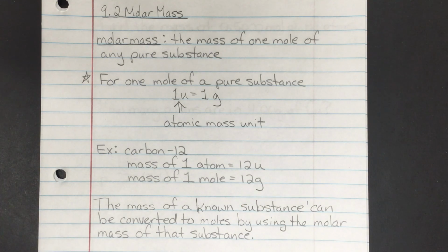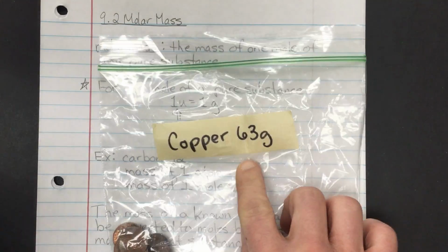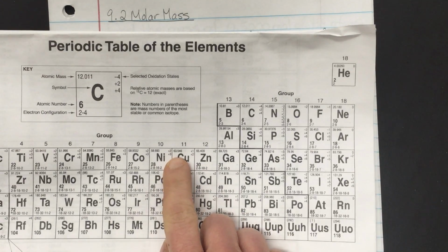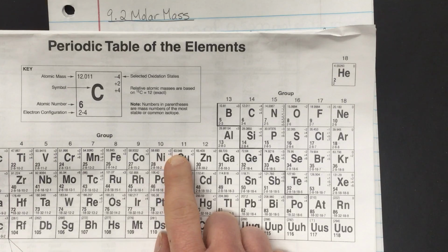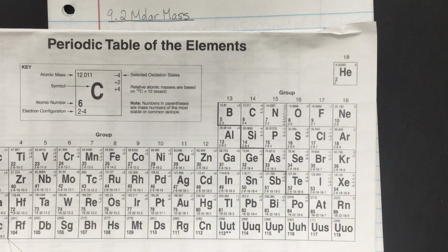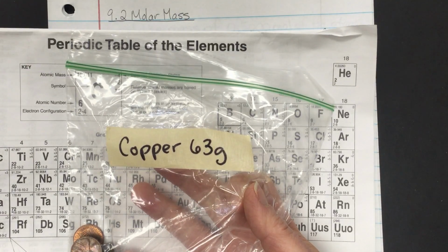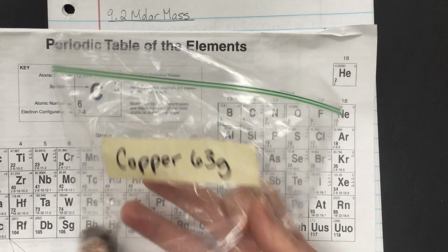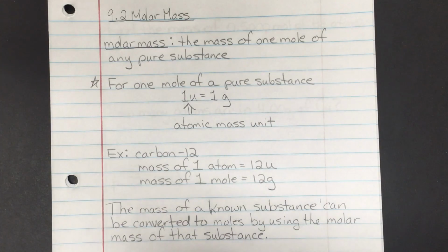And so that is how I came up with the value for copper. My 63 grams of copper comes from my periodic table right here where we see 63.5. So really I should have 64 grams, but probably when I found the mass of these, my pennies weren't quite that. But it's close enough.